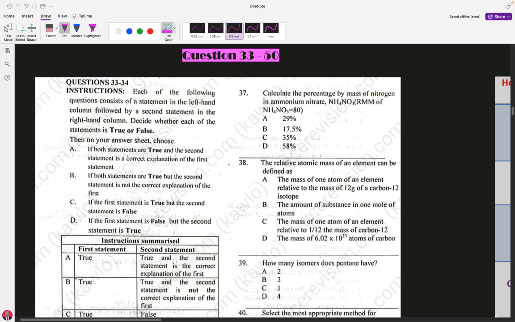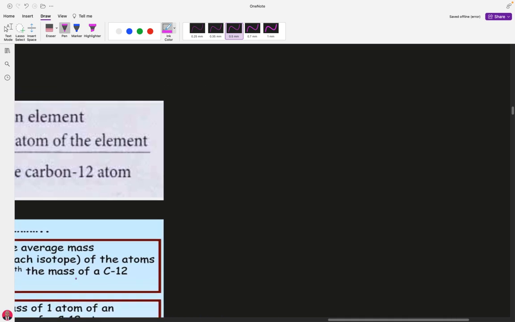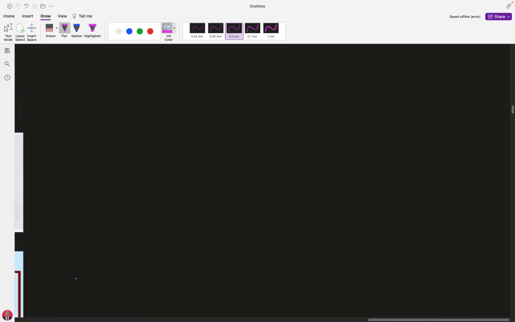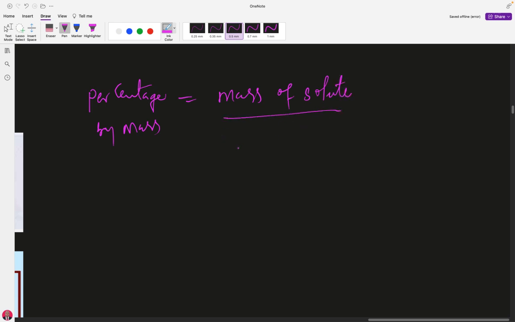The percentage by mass is usually calculated by the formula: percentage by mass is given as mass of solid divided by mass of solution, times 100.